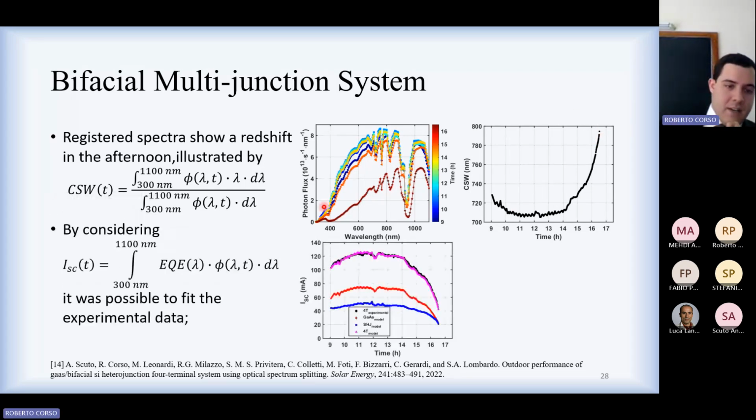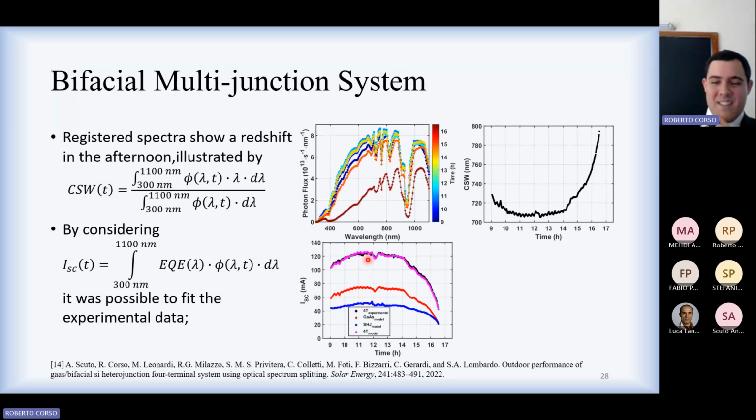These spectra have been used to recalculate the short circuit currents of each component of the system, and we saw good accordance between the simulated values and the overall experimental currents registered from the system.